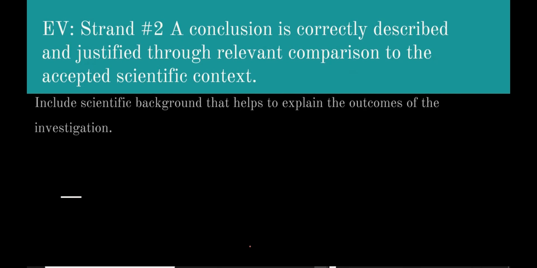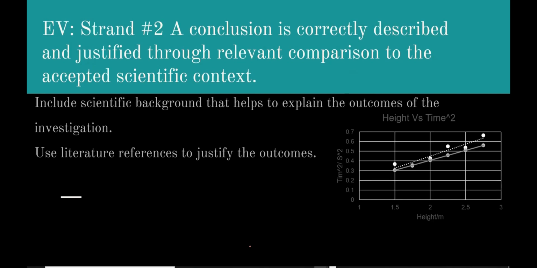Strand 2 says that conclusion has to be compared with accepted scientific context. What does it mean? For example, based on the data collected for time of fall versus height, a graph between t-square and height was plotted. In the previous video, I explained how to determine acceleration from that graph.